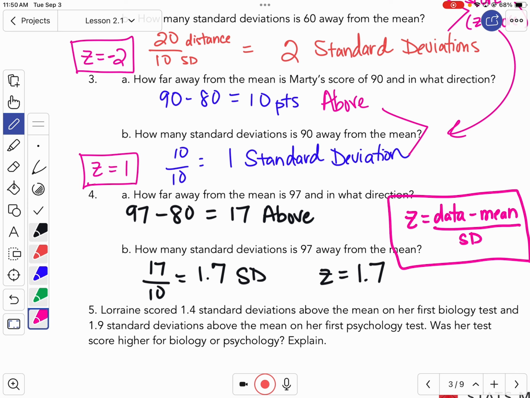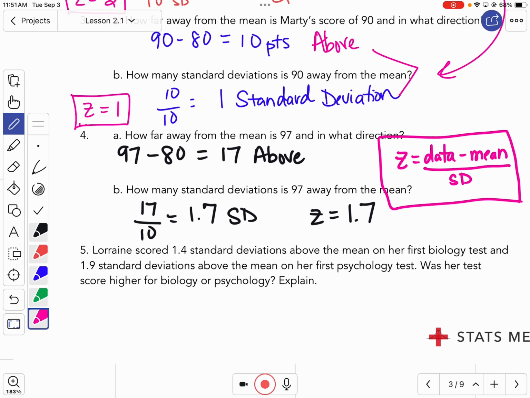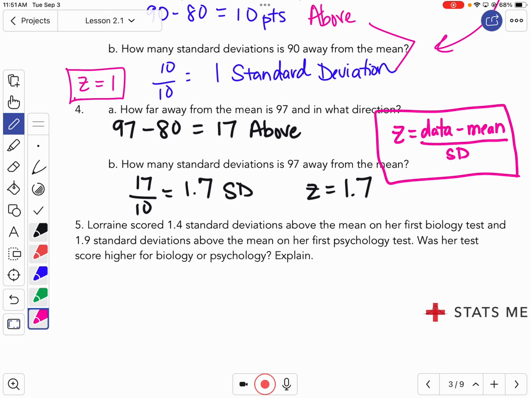Z-scores are useful because they help us compare data sets that aren't identical. Here's what I mean by that. Let's take a look at this very last situation. It says that Lorraine scored 1.4 standard deviations above the mean on her first biology test and 1.9 standard deviations above the mean on her first psychology test. Was her test score higher for biology or psychology? What do you think?